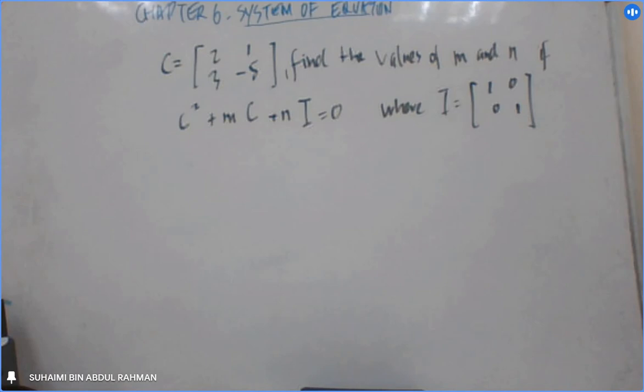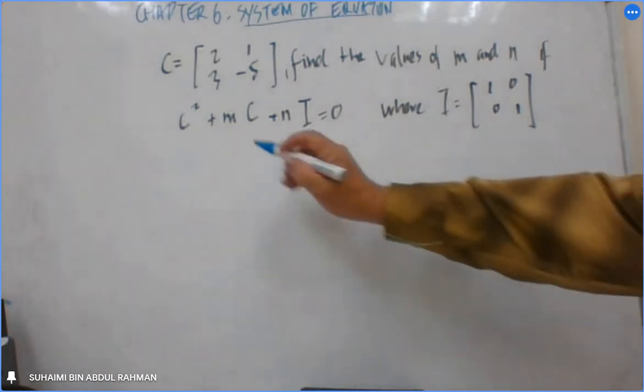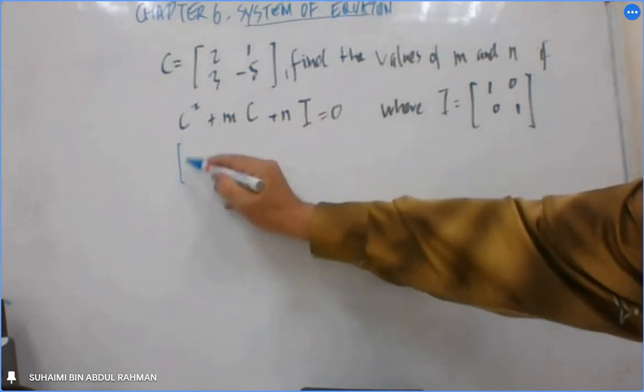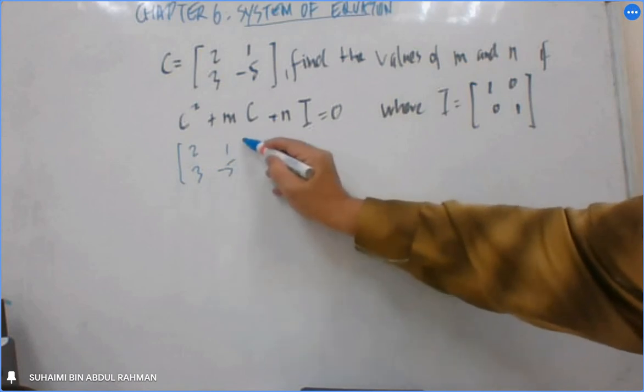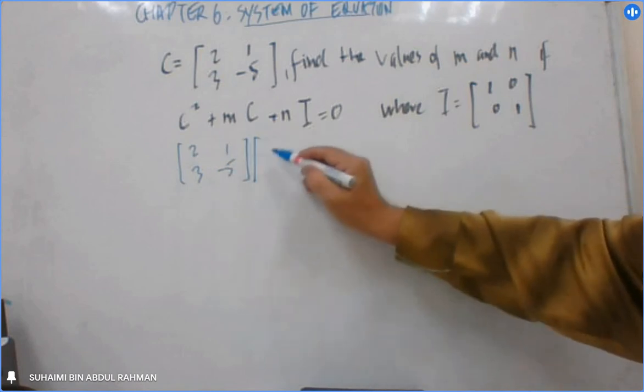C is a matrix of 2, 1, 3, minus 5. Find the values of M and N if C square plus MC equal to NI. C square, meaning that 2, 1, 3, minus 5, you multiply by itself.